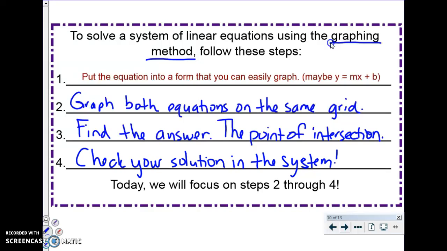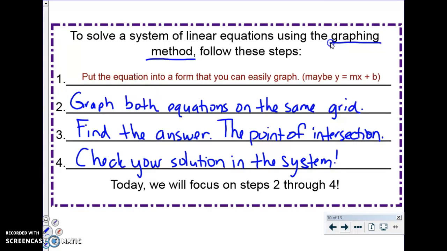I can't stress step number 4 enough. You have the tools to check your own answer by putting it back in. There are so many places where you can make a mistake with this. Step 1, you could accidentally forget a negative or add wrong when you change the equation. Step 2, you could have easily graphed a positive slope when in fact it should be decreasing.